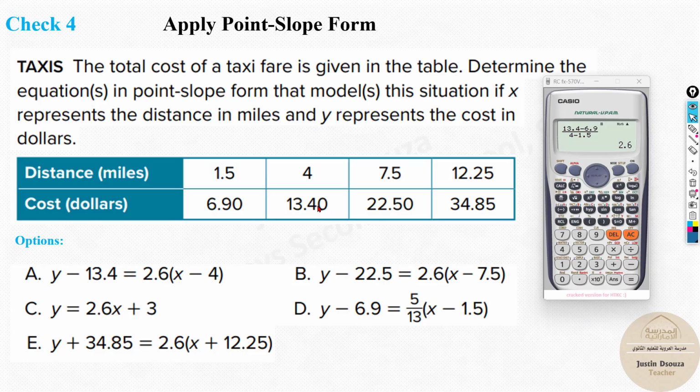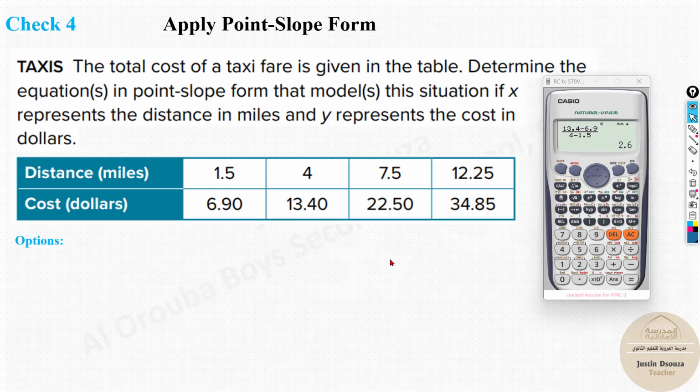4 and 13.4. Yes. x minus x1 is 4 and y minus y1. Let me write the equations. Point slope form is y minus y1 equals m into x minus x1. You should just choose x and y, all the values are possible, any one you should choose.